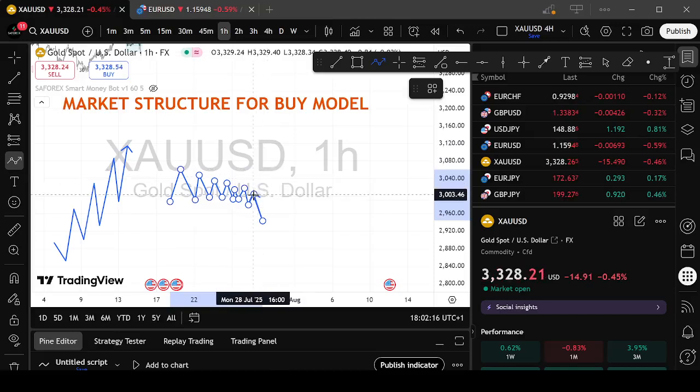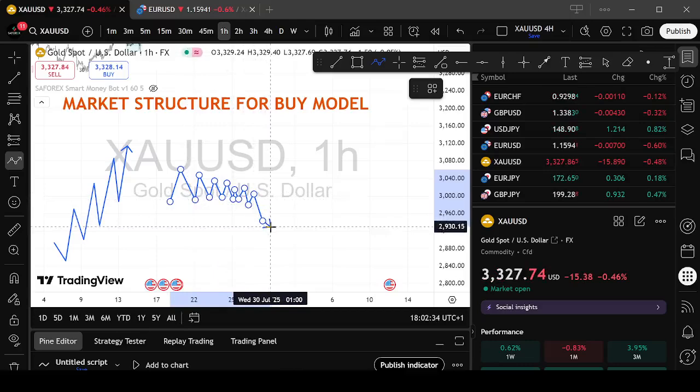After this accumulation, it has manipulated. People think that it's actually coming down, so it manipulates them by going in their direction and tricks them into it. Then they enter a sell, thinking it's going down. But the market will now distribute to the upside.